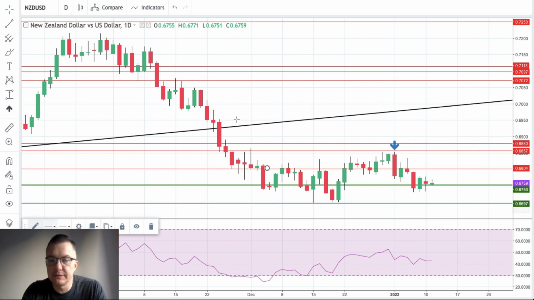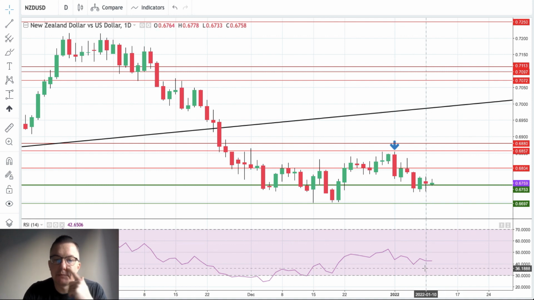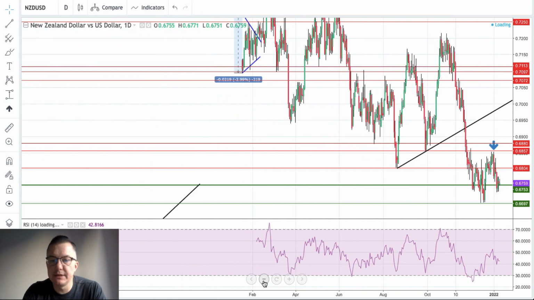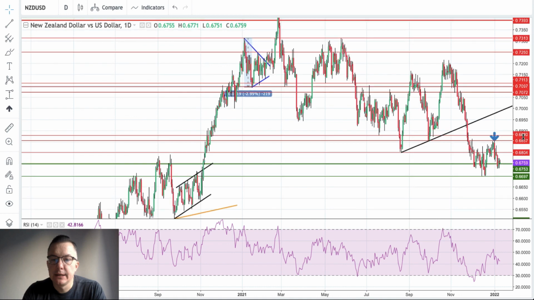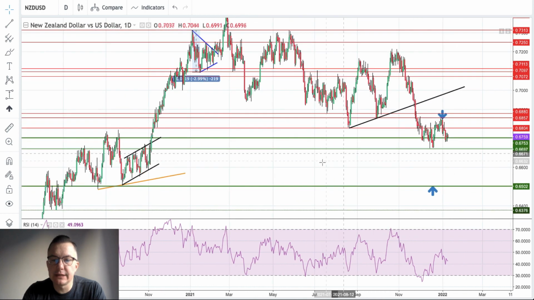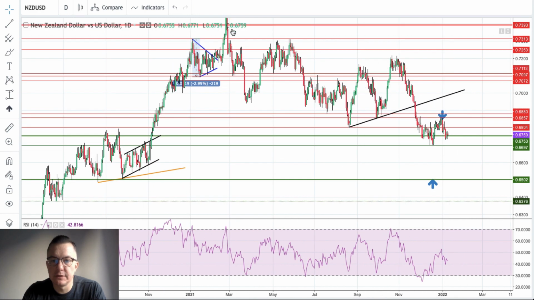broke below 6,804 already, and we are approaching the lows at 6,697. The momentum is still negative. The bears are still in control of this market. So if we break below this level, please notice that this looks like a downtrend right now, because we've got lower highs and lower lows, of course.